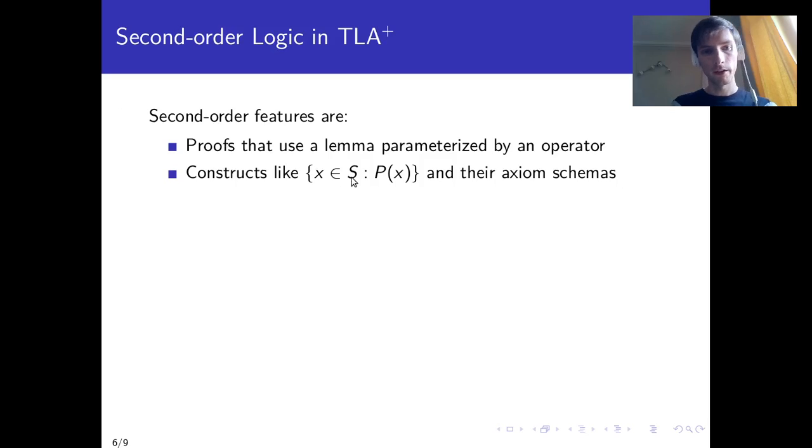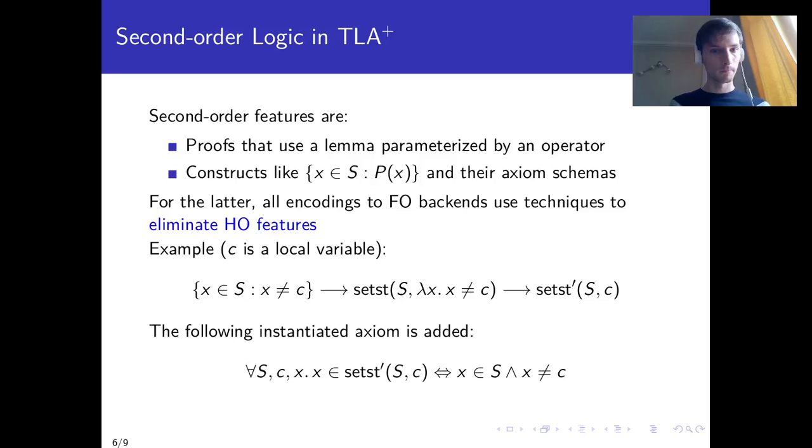As a special case, we can see primitive constructs like set comprehension, for example, but also choose expression, functions and so on, as second order constructs with not axioms but axiom schemas parameterized by an operator, predicate P in that case, and those axiom schemas need to be instantiated for the encoding.